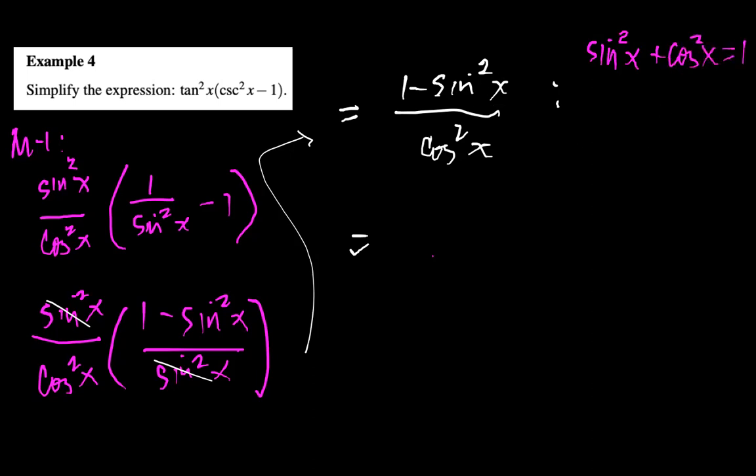Di ba, class? So I could transpose sine square x to the other side. So I have cosine square x is equal to 1 minus sine square x. Ayan. So, sir, the numerator is just equal to cosine square x. That's correct. How? With the use of the Pythagorean identity of sine and cosine.